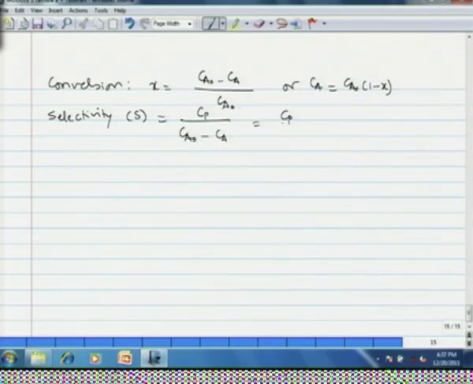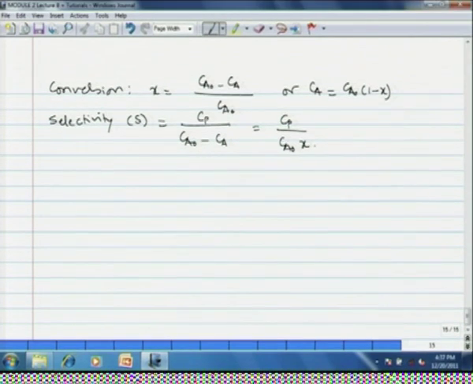So, this is Cp into Ca naught into x, okay. And then we substitute all that we have, we substitute for Cp, we substitute for Ca. S is equal to Cp divided by Ca naught into x.